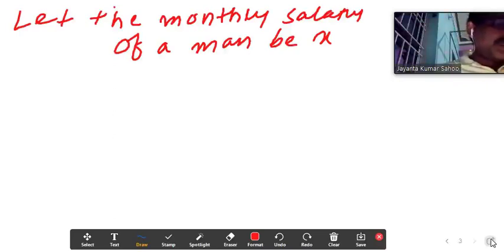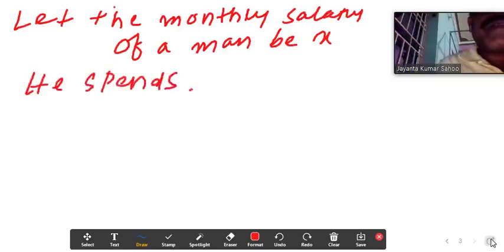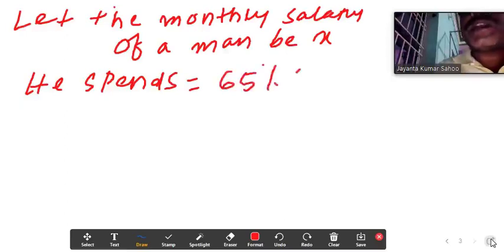He spends, how much is it? 65% he spends. He spends equal to 65% of his salary, that means 65% of X we can write.